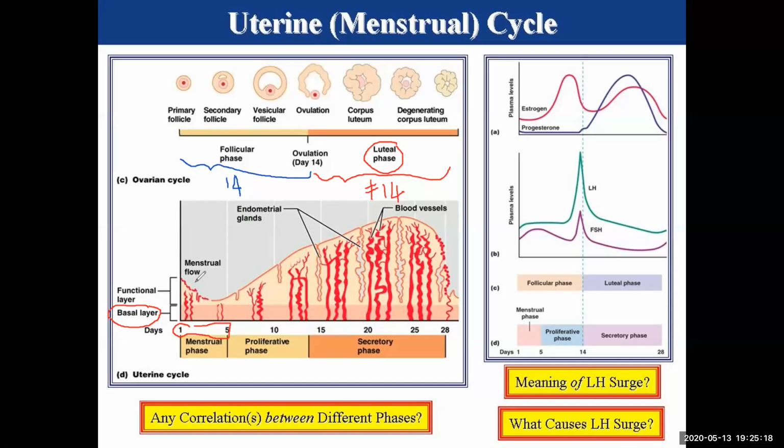At the end of the menstrual flow, the menstrual phase, the proliferative phase starts all over again to build that stratum functionalis, SF. So this readies the endometrium for implantation.